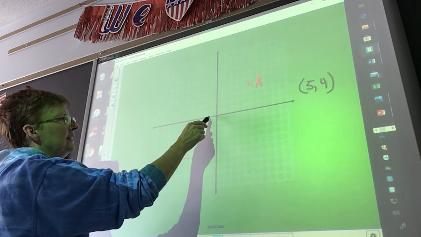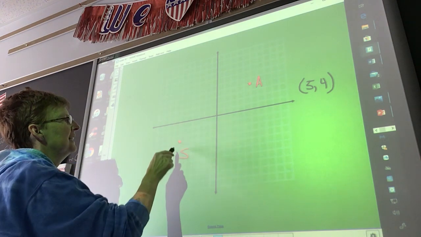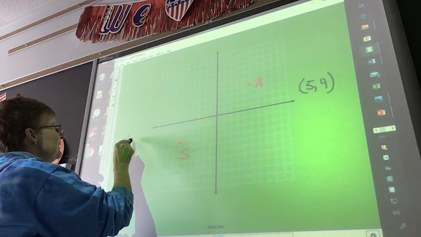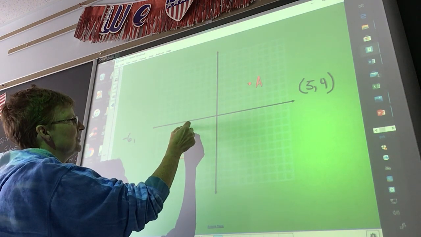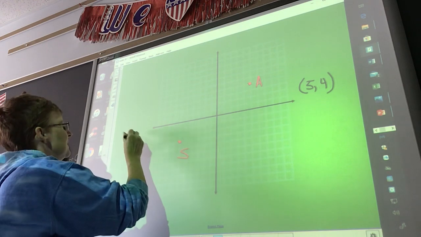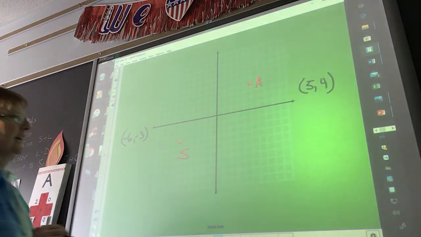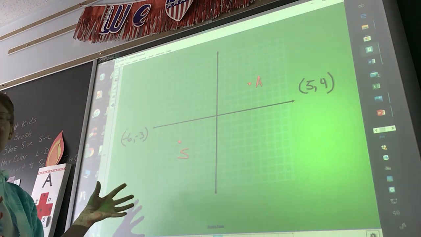So I'm going this direction, 1, 2, 3, 4, 5, 6, and it's in the negative direction, so I'm at negative 6, comma, and then I'm going down, which is also negative, 1, 2, 3. So I have a negative 6 and a negative 3.